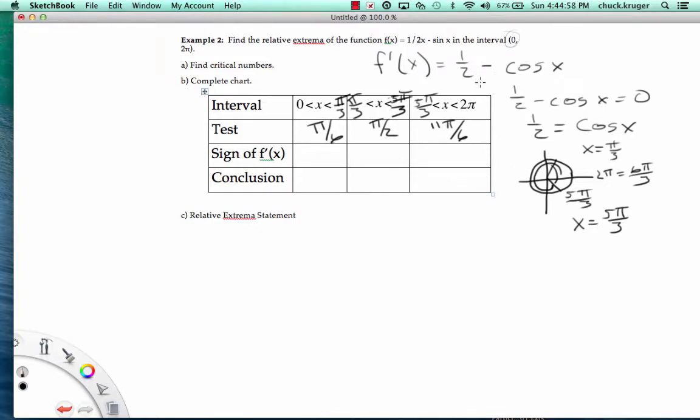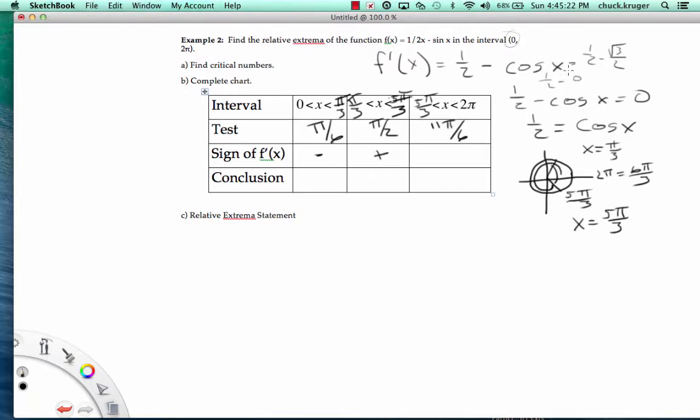So I'm going to plug that into here, and again I have 1/2. So for this first one I'm going to have 1/2 minus the square root of 3 over 2, and that's negative. And if I put pi over 2, I have 1/2 minus the cosine of pi over 2, which is 0, so that's positive.